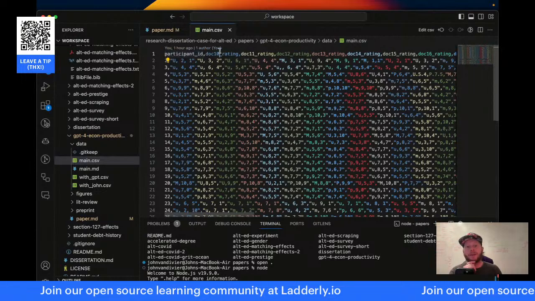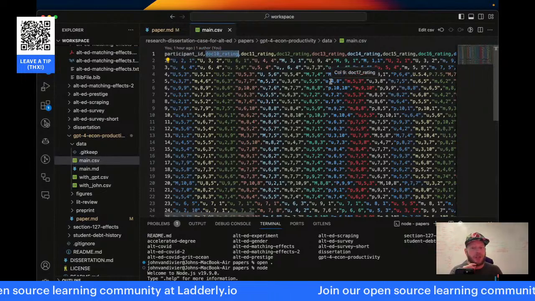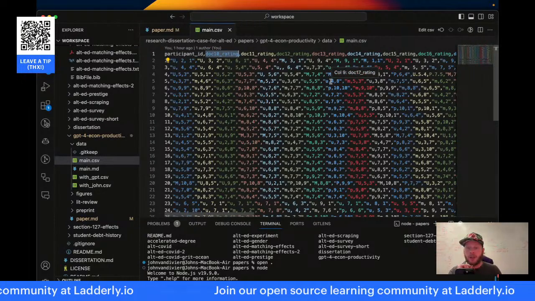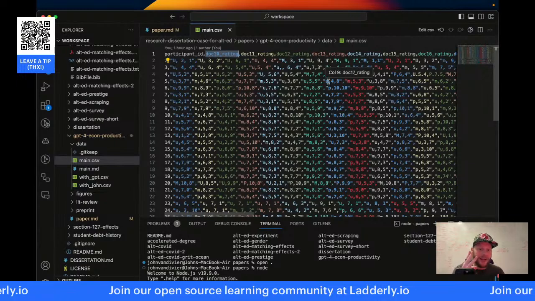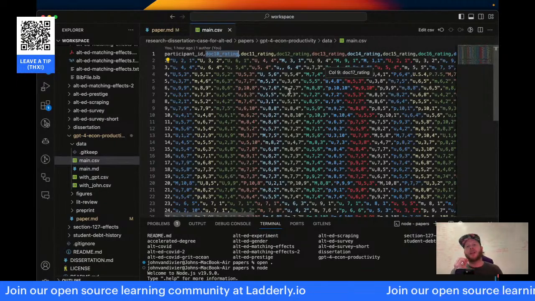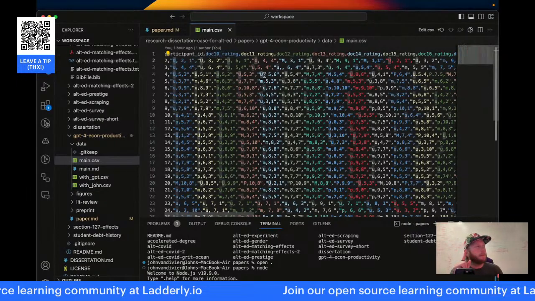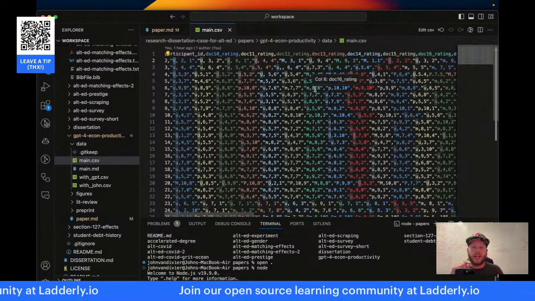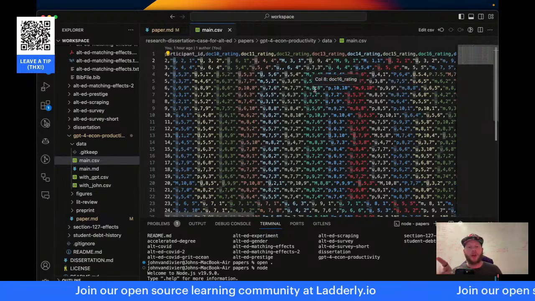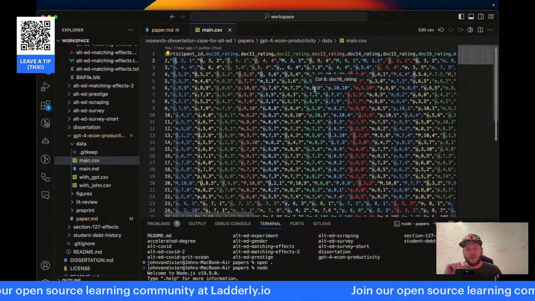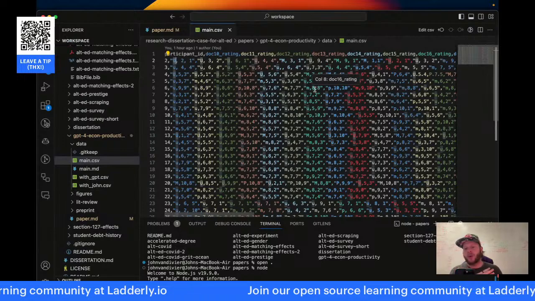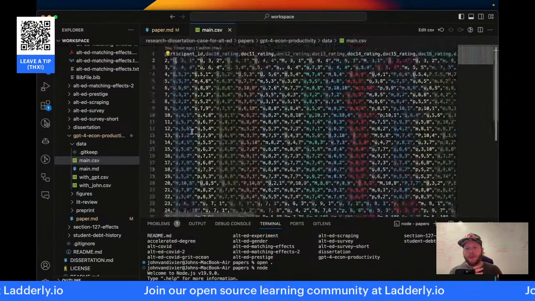Doc 10 rating, this is the respondent rating for document 10. But the rating is a 3-partite rating. It's a tripartite rating. The first letter is the education level they believe the author has, whether it's undergraduate, master's, or PhD or higher.